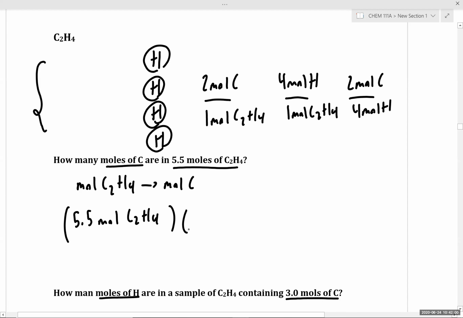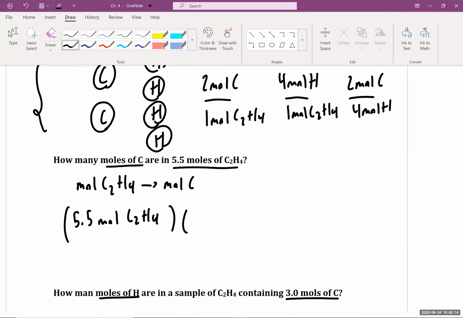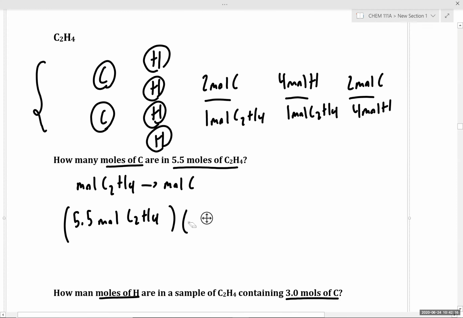Okay, and now if we're going to, sorry about that, there was a small graphical error in OneNote. So now if we're going from moles of C2H4 to moles of carbon, what units need to be on top? If we're going to moles of carbon, what units are we going to have on top?